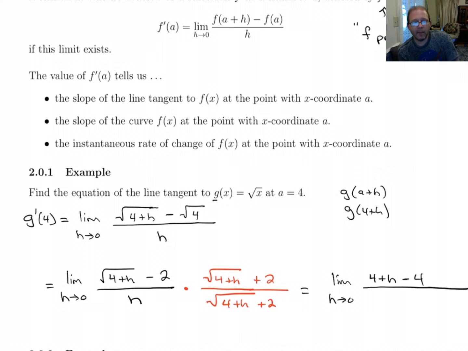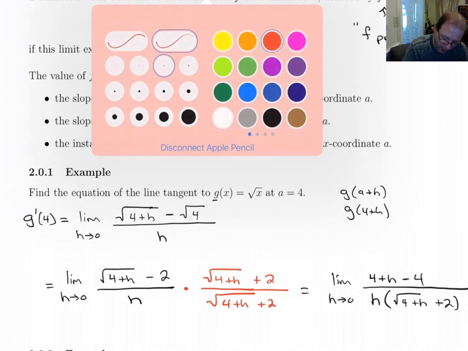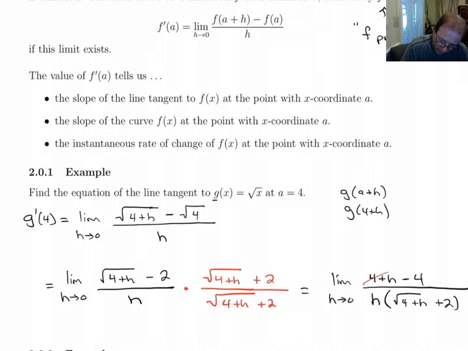Now on the bottom, I'm not going to multiply it out. I'm just going to write it as the product h times square root of 4 plus h plus 2. Reason being, up here, the 4's cancel.